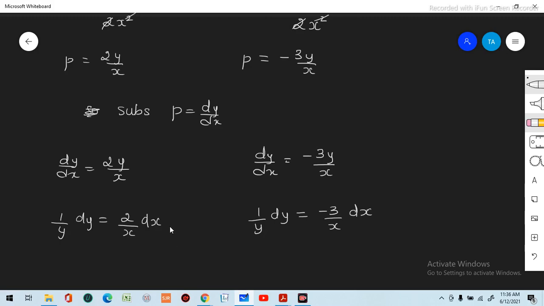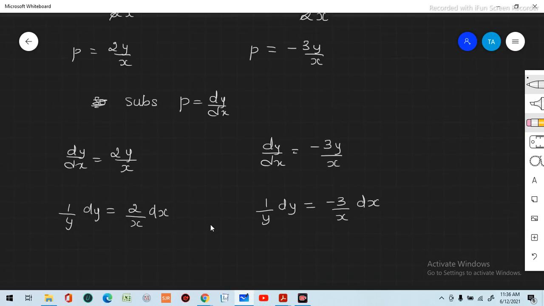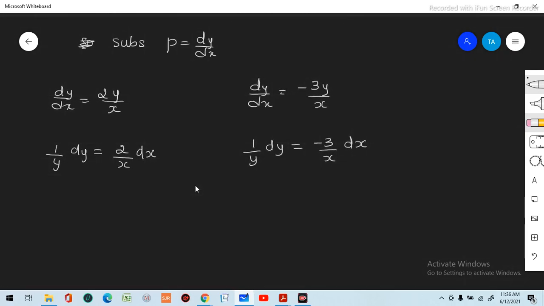Why am I not taking this 2 on the left hand side? Because I want the solution in terms of y, and I don't want any constants over there. Similarly, minus 3 I am keeping for x side only.